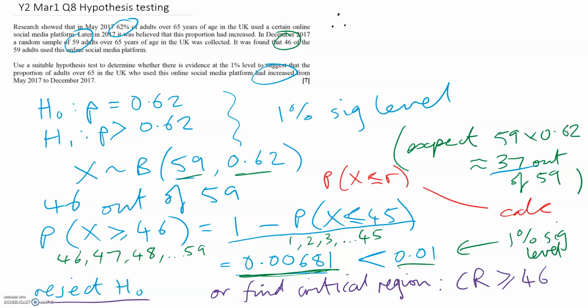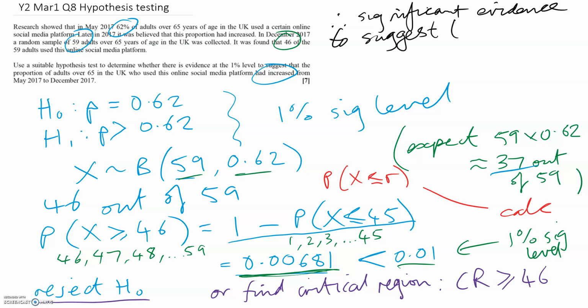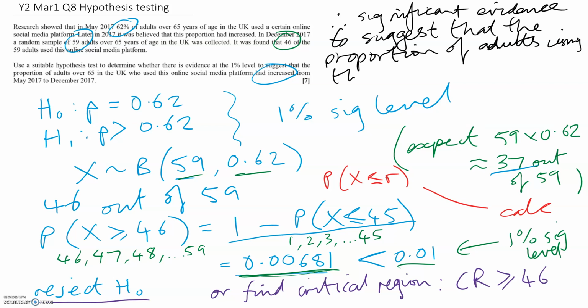You should always say, therefore there is significant evidence to suggest that the proportion of adults using the social media platform has increased from what we thought, which was 62%.